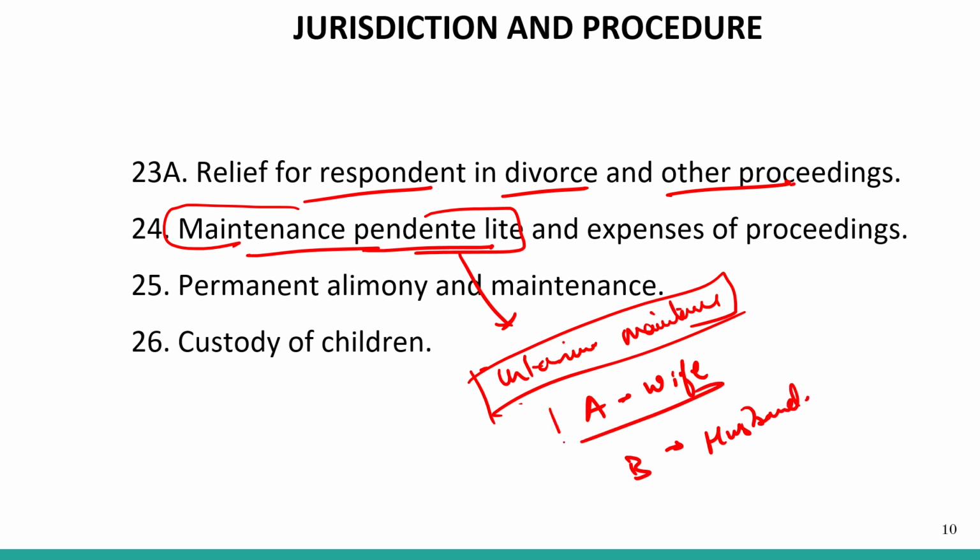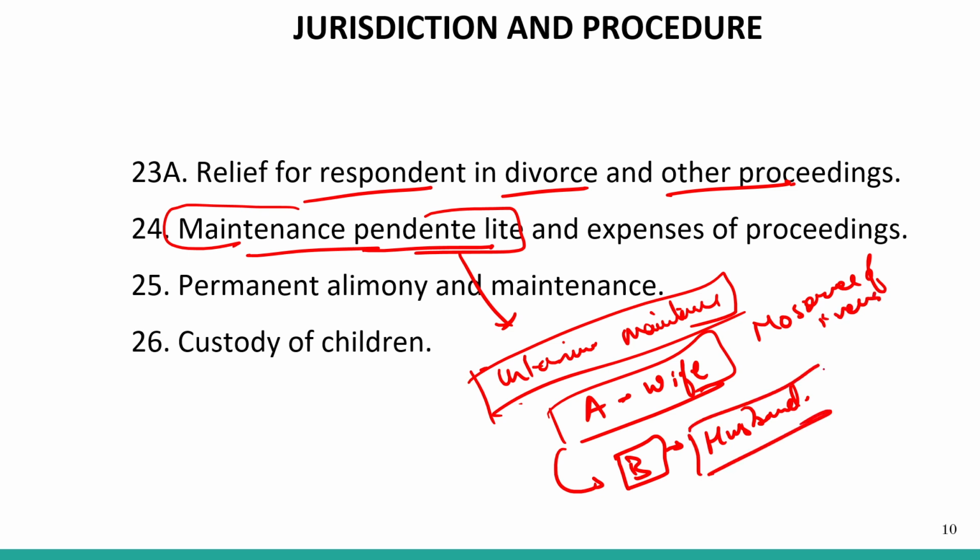Now, A was given divorce by B. A had no source of income. And when she married B, who happened to be a rich person, the whole lifestyle of A changed for a continuous period of 5 years. Let's take this as an example.